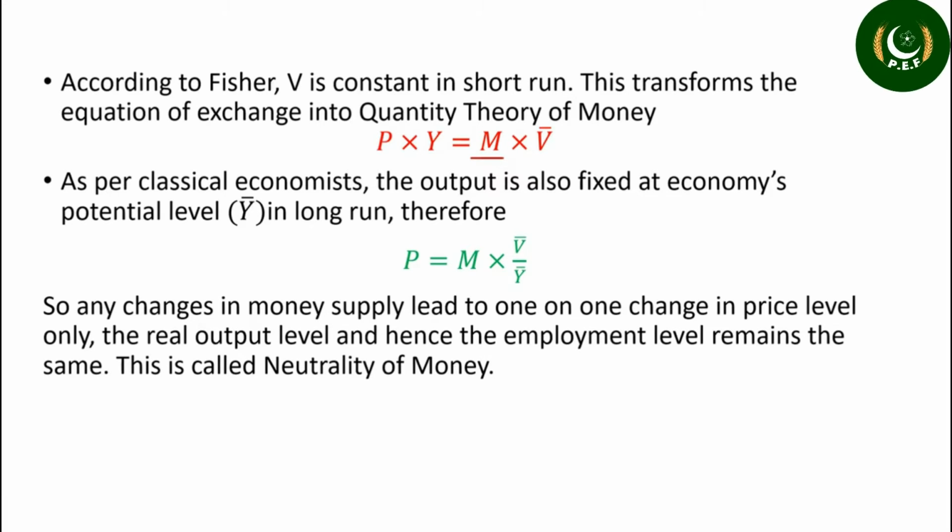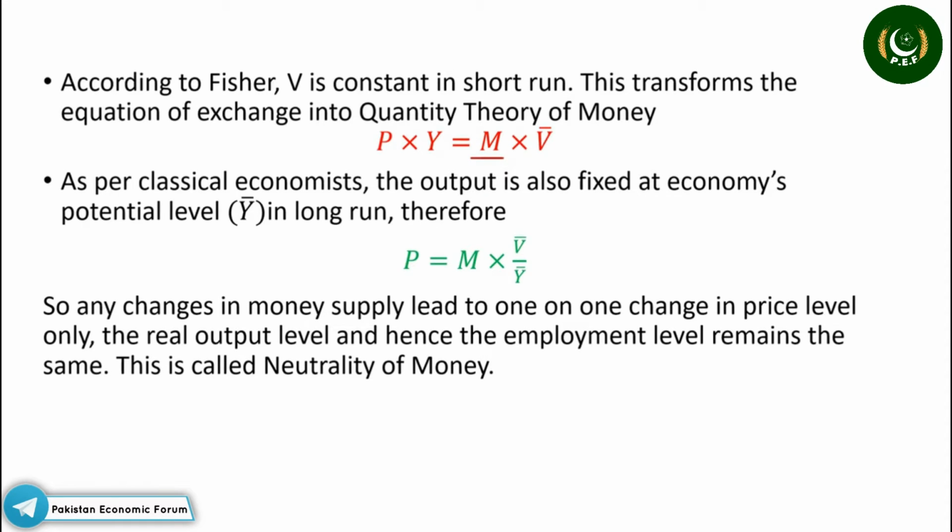The real output level and hence the employment level remains the same. This is called neutrality of money. Therefore, the basic result of quantity theory of money is that the quantity of money in an economy determines the price level.